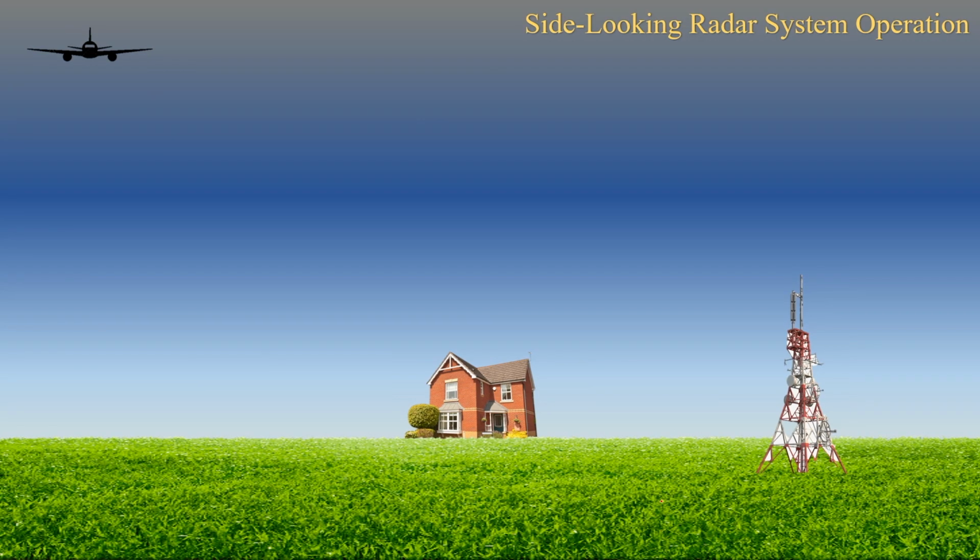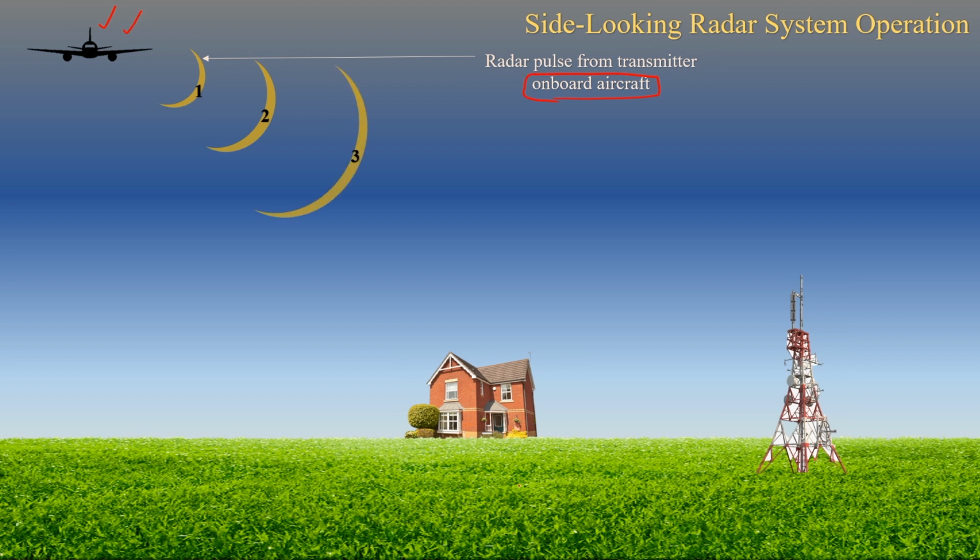Now we will talk about the side looking radar system operation. Here we have a sensor which is operating in this particular area, a microwave remote sensing sensor, and this is illuminating the area with the radar pulses, and this is on board in this particular aircraft, right. So the signal is being sent. Now you see the house is interacting first because this is a side looking radar system.